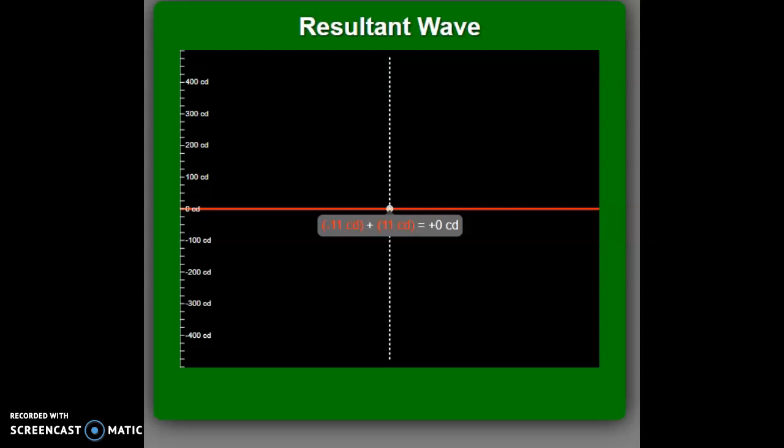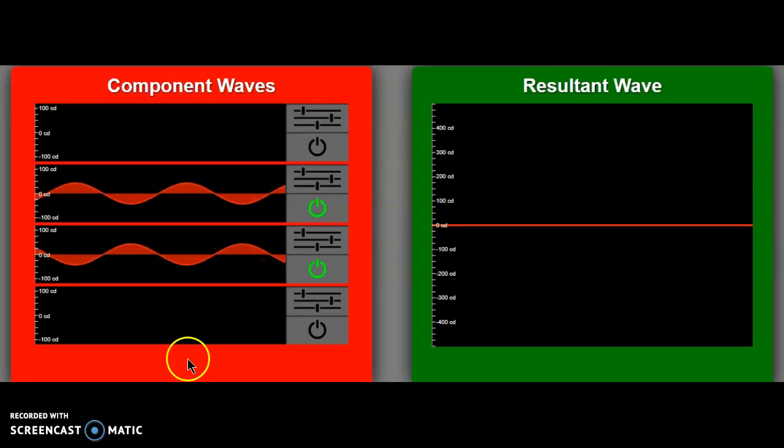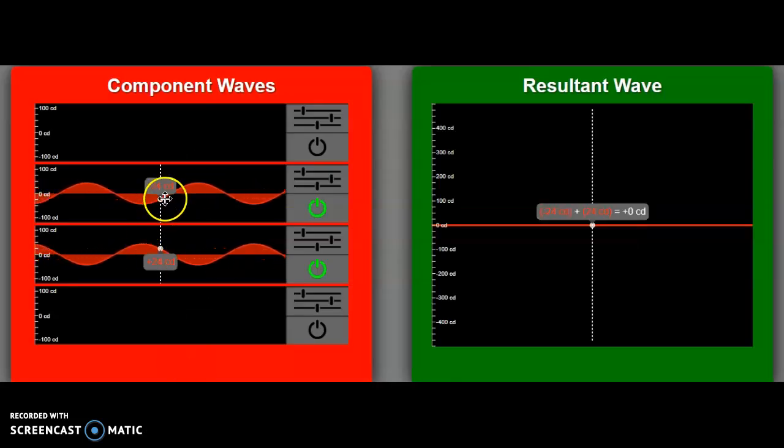Why do we call it destructive? Because they interact in a destructive way, different from the previous example. We have the bottom against the top, equal in absolute value but with inverse sign in each case. Negative 24, positive 24.